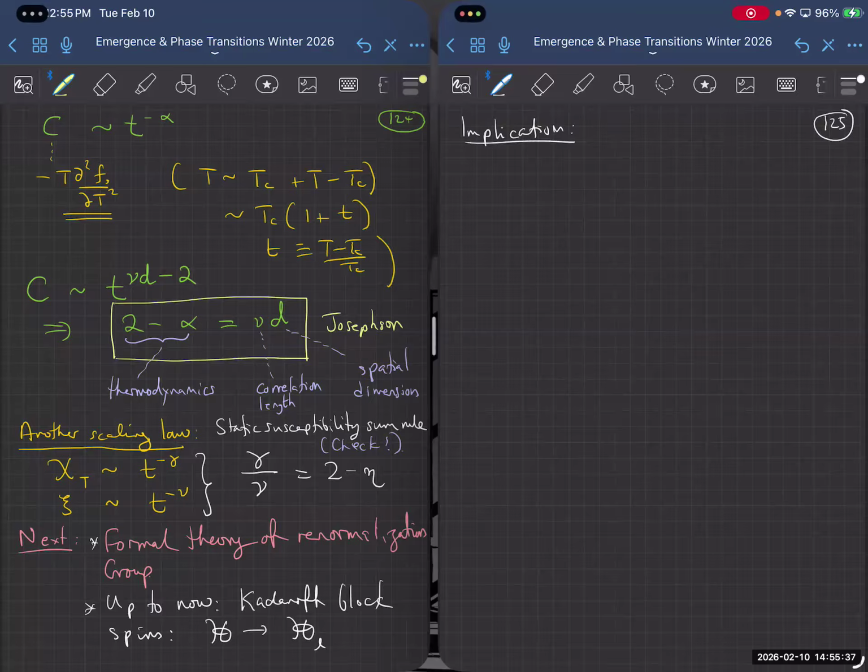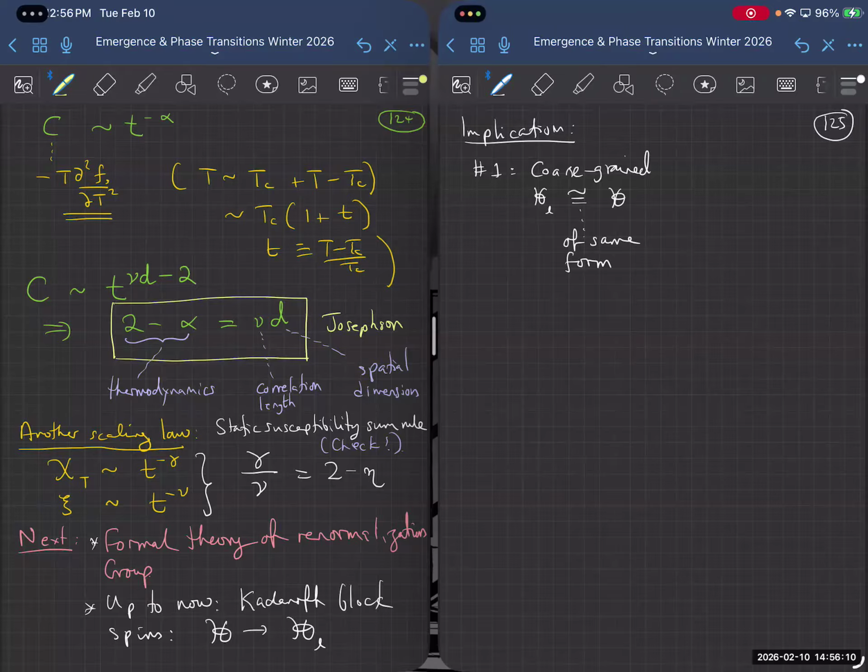The first one is that we have to look at systems as coarse-grained. And what we assumed is that the Hamiltonian for the coarse-grained system is of the same form. We just invented that terminology. So the original Hamiltonian and the coarse-grained Hamiltonian are of the same form.